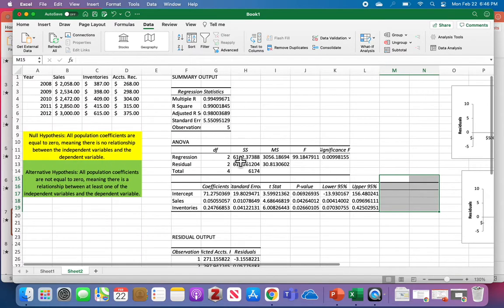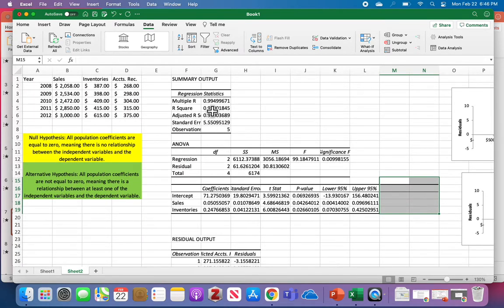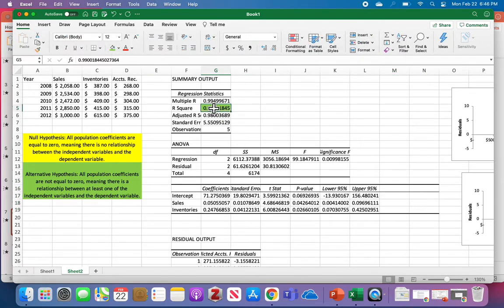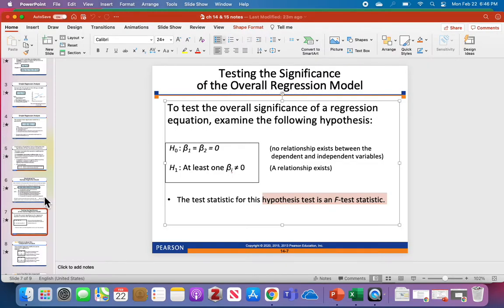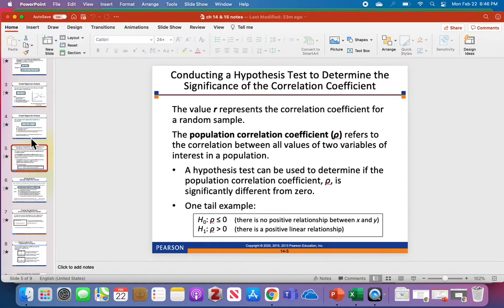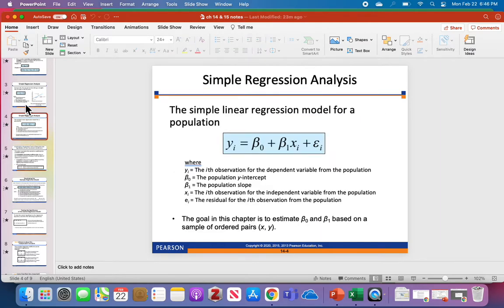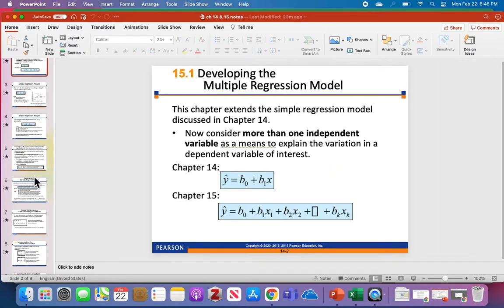So, all right, we've still got that multiple R, but if you look at your R squared here, remember the point of a multiple regression from back here. Oh, there it was.